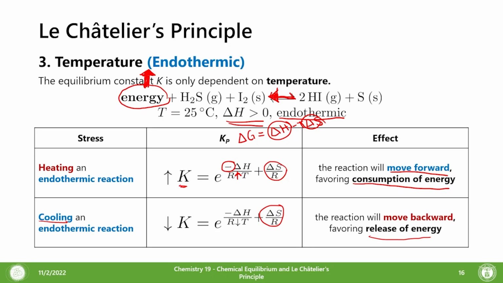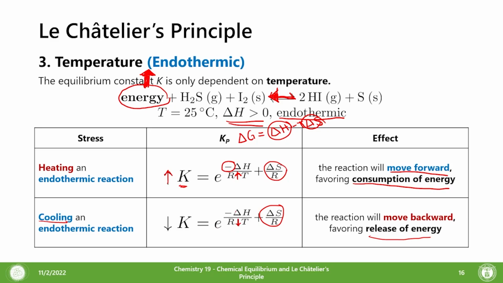However, since it's a negative sign, we're actually increasing the exponent. So K will respond by increasing. And since we're increasing the equilibrium constant, increasing the equilibrium constant, as you know, is product favored. So it will move forward in response.